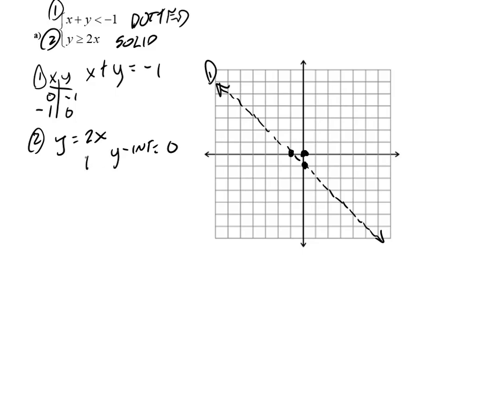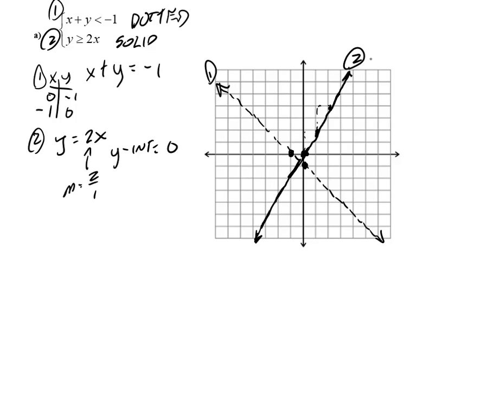And the slope is 2 over 1. So I'm just going to go up 2 and to the right 1, up 2 and to the right 1. And then I need a solid line through here. So that would be boundary line 2.